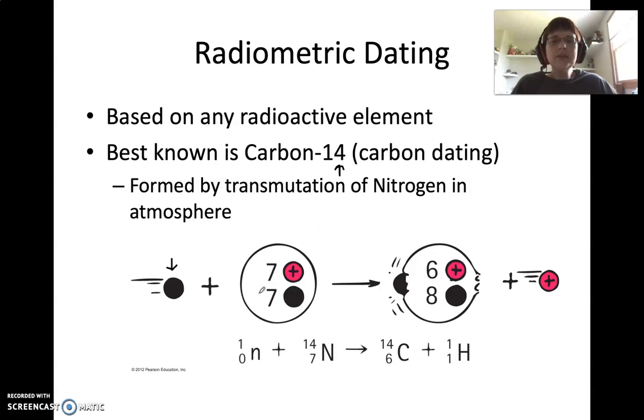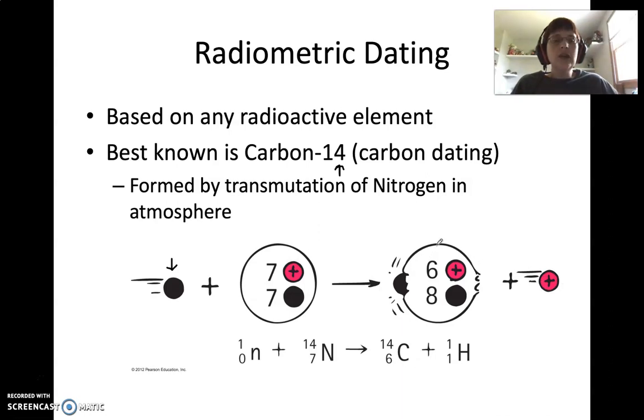When that happens, now we've got nitrogen getting that extra neutron, but a lot of the times what happens is instead of it just keeping that neutron, a proton gets ejected, a hydrogen gets ejected.